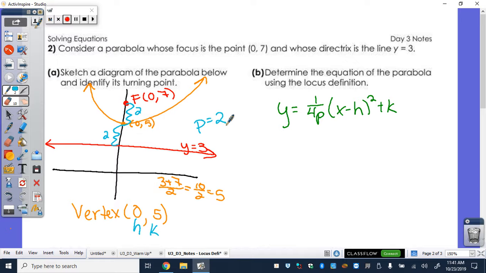So then we can plug it into the equation. So y equals 1 over 4 times p, so 4 times 2 gives me an 8. And then (x minus h) squared, so (x minus 0) squared, plus my k, which is a 5.